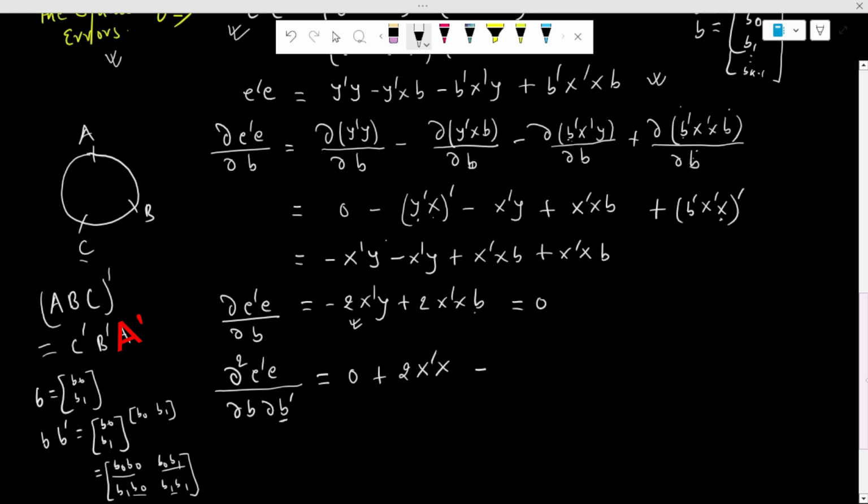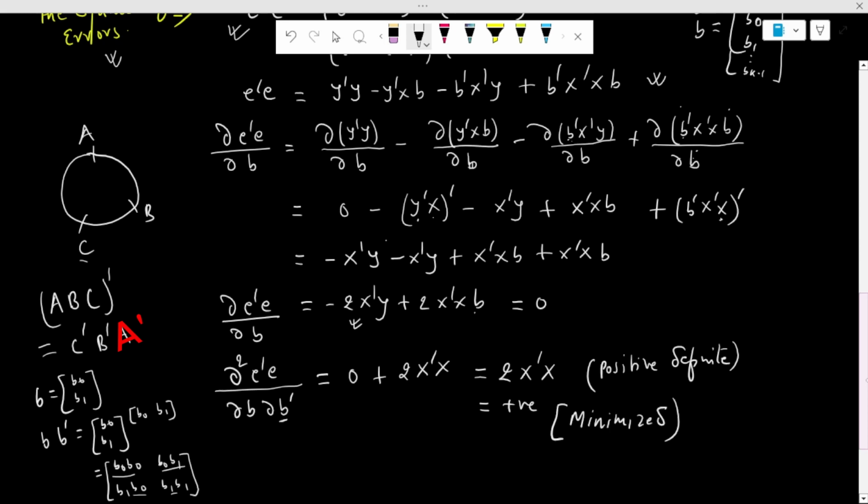So this is equal to twice X transpose X, and the matrix X transpose X is positive definite, meaning the eigenvalues of this matrix are positive. So this is equivalent to concluding that the second order derivative with respect to vector beta is positive. So when the second order derivative is positive, then the value attained after setting the first order derivative to 0 minimizes the sum of the square of error.